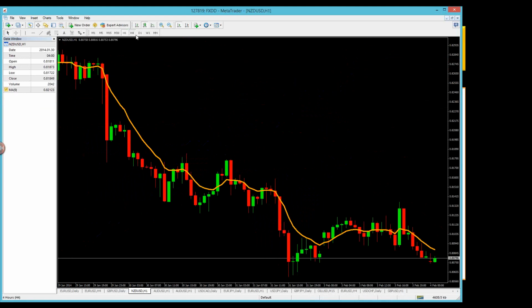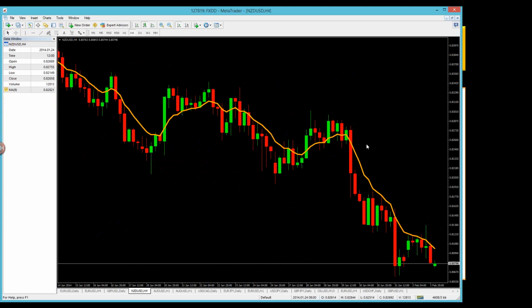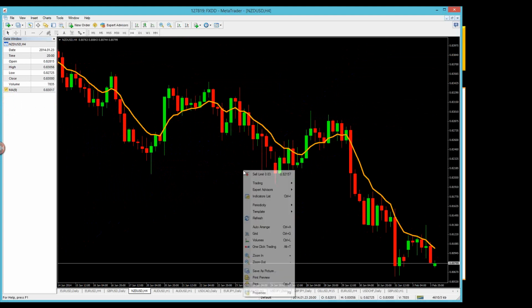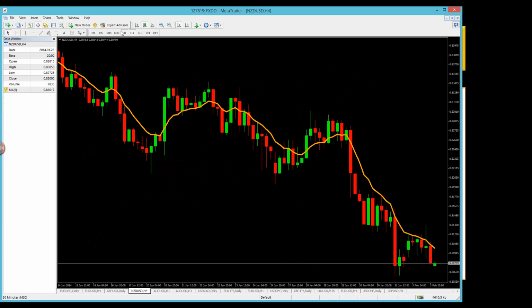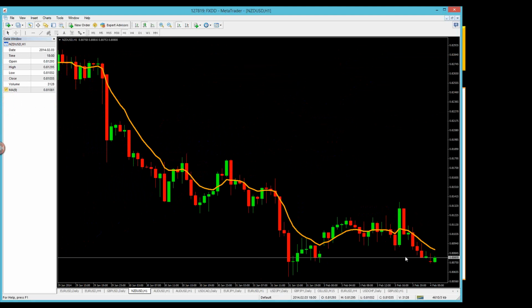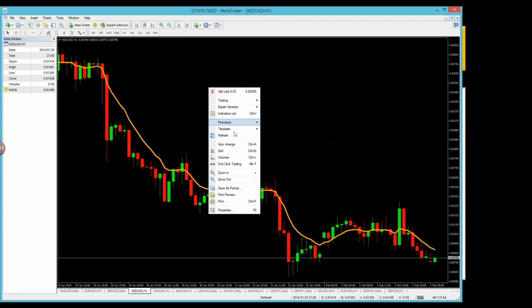All right, so let's turn our attention to the New Zealand dollar, nice reversal candle here. And I want to address this, so let's see where we're at. All right, so we do have a sell bias here on the New Zealand dollar.